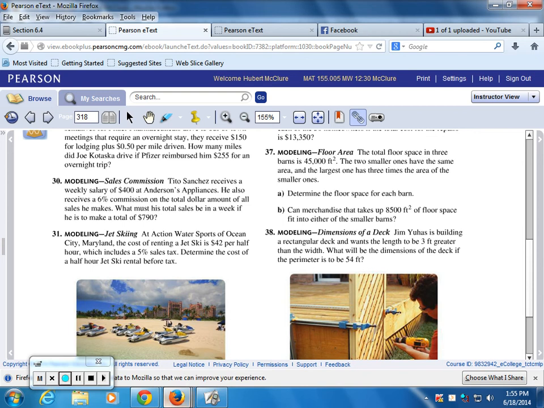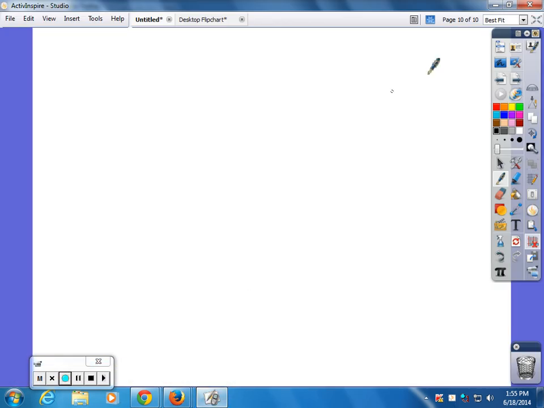So it's kind of like the problem we just did a while ago. It says that you got 45,000 square feet in a barn, and there are three barns. So one barn, two barns, three barns, and that's 45,000 square feet.